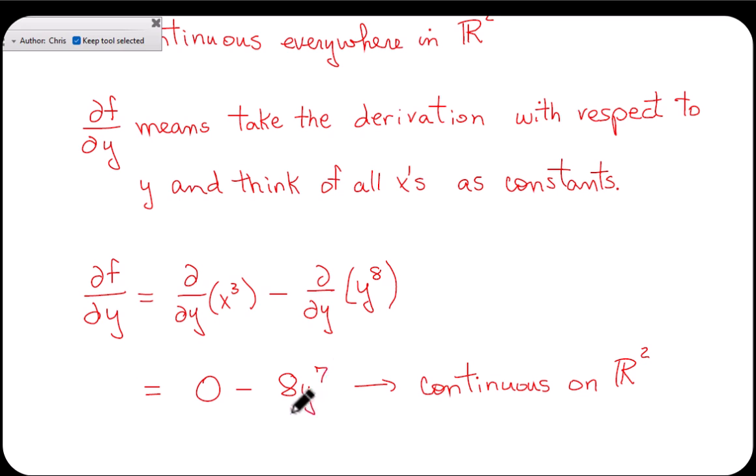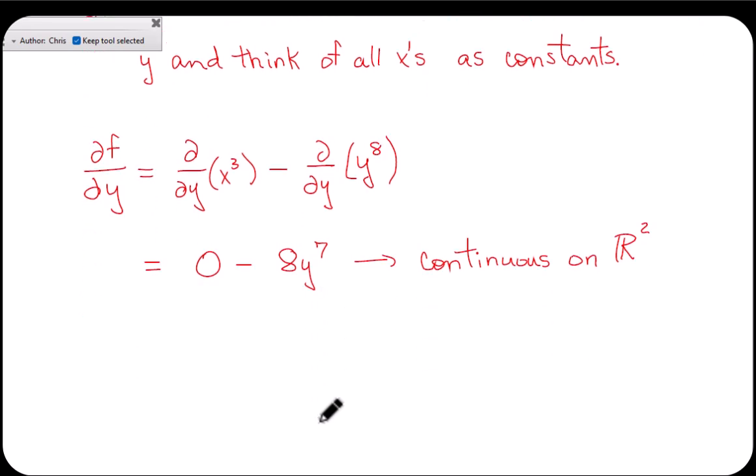But again, this function is a nice polynomial looking thing, so therefore, it's going to be continuous on all of R2. Therefore, our problem has at least one solution. Now, since the partial derivative is also continuous, my solution is unique.